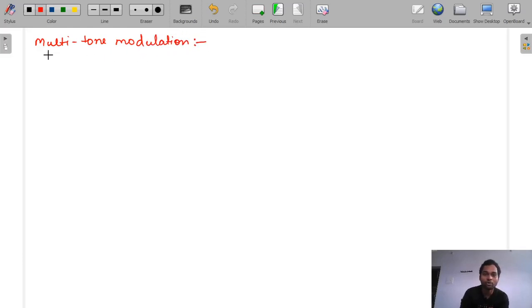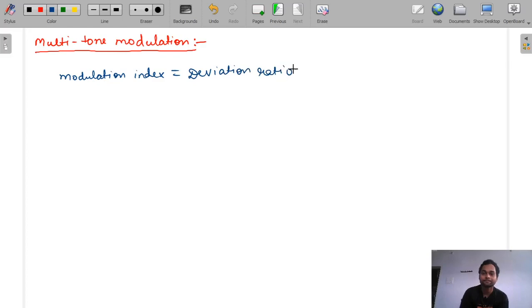In multi-tone modulation, the message signal has multiple frequency components present. So the modulation index in multi-tone modulation, the deviation ratio, that is beta, is equal to delta f by fm.